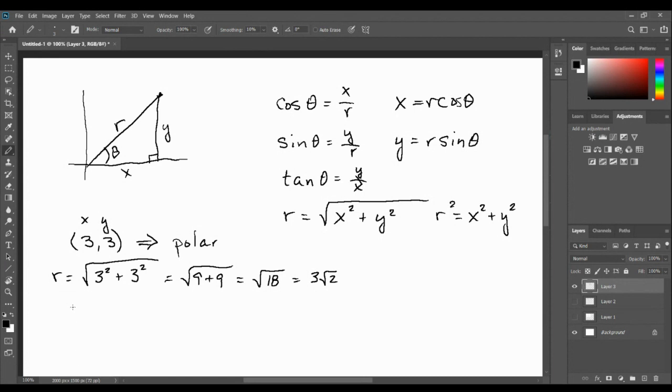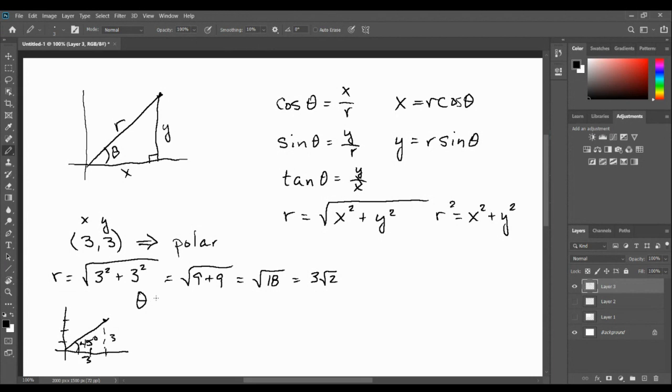As it turns out, if I were to plot this point 3, 3, sometimes that's the easiest way to do it. That point is right there, and the angle that's created, I've got 3 here and 3 there. We can clearly see that this angle would be 45 degrees because I'm up in the first quadrant at the point 3, 3.